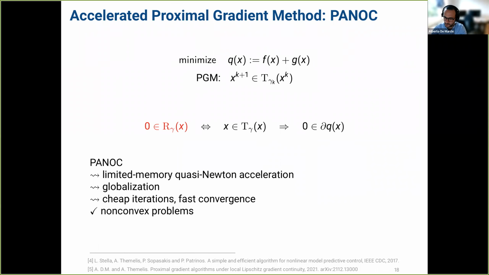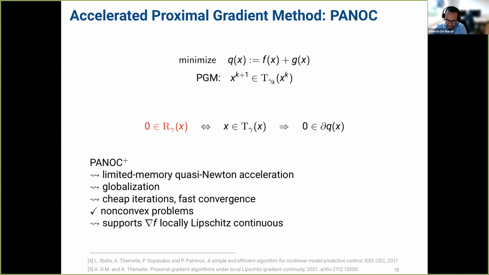This was integrated in this PANOC framework, which is nothing but a limited memory quasi-Newton acceleration plus line search on the forward backward envelope. This is also quite cheap to evaluate, not much more expensive computationally than the proximal gradient, but can yield a superlinear convergence rate, and can also handle non-convex problems.